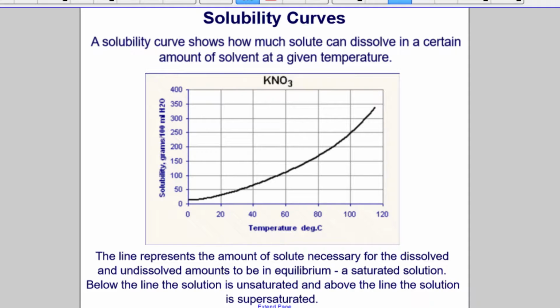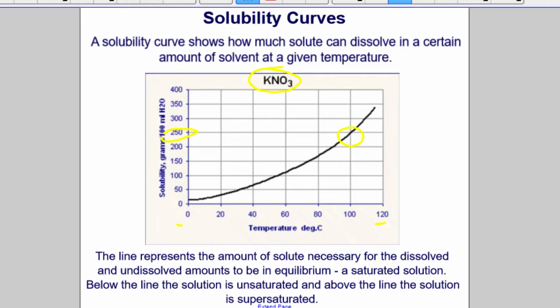So this is the solubility of potassium nitrate, KNO3, and you can see as the temperature increases from 0 to 120, the curve also increases, okay? So we would say here that at 100 degrees Celsius, the solubility of potassium nitrate would be 250 grams in 100 milliliters of water, right?